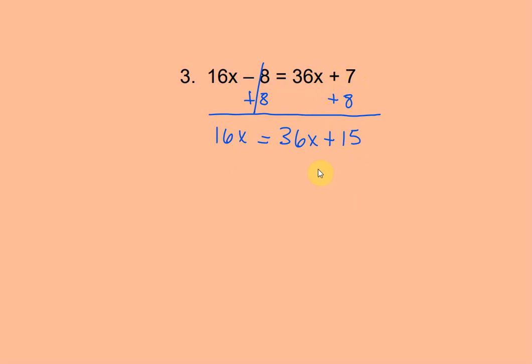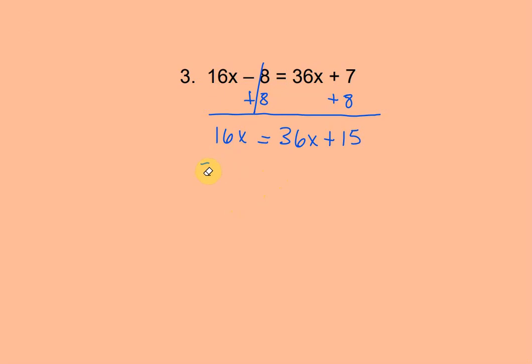Remember that I want the x's on the same side of the equation. Now, be careful not to get your equation lopsided. What I mean by that is you shouldn't get all of your terms on one side of the equation. So I do not want to subtract the 16x because that would put nothing on one side of the equation.